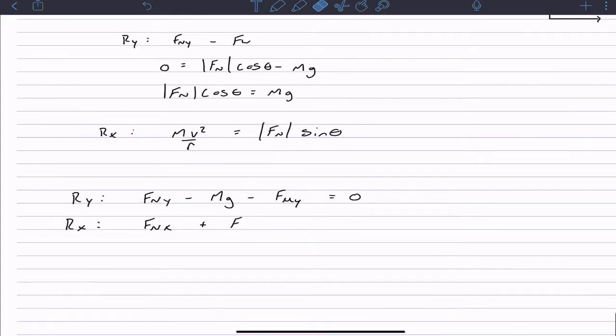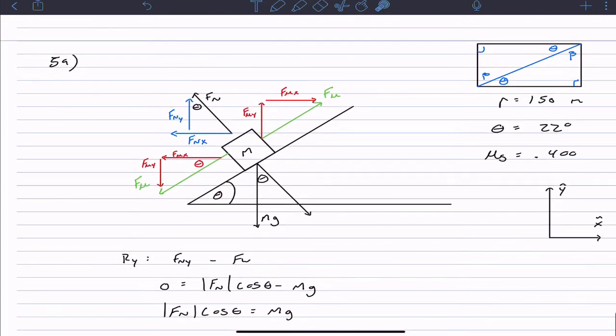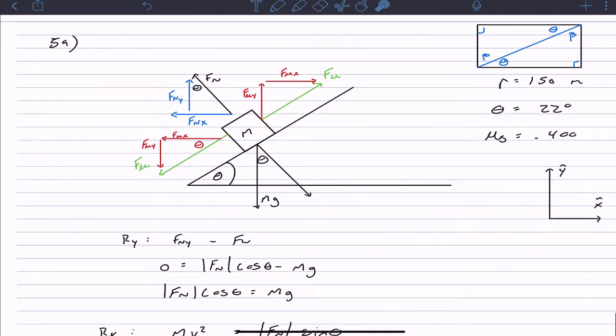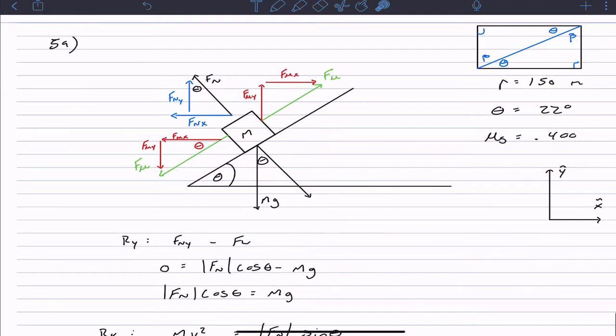I actually need to point something out before I move on, because in the book, they have their incline opposite of what mine is, and they keep their centripetal force going this way as positive. So to be consistent with what the book does, instead of flipping this whole diagram around, I'm going to define the x direction as positive, pointing this way.